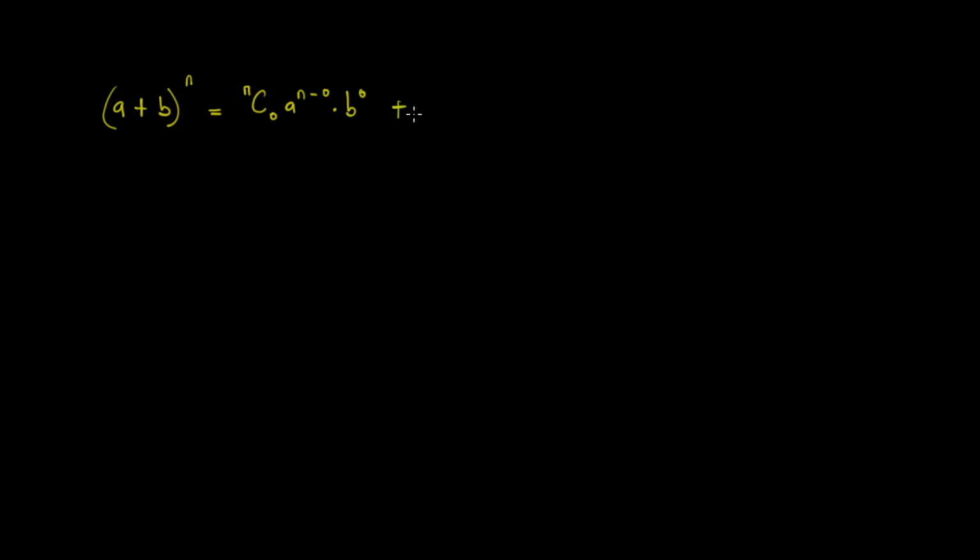Then plus n choose 1, a to the n minus 1 multiplying b to the 1, plus n choose 2, then a to the n minus 2 multiplying b to the 2.